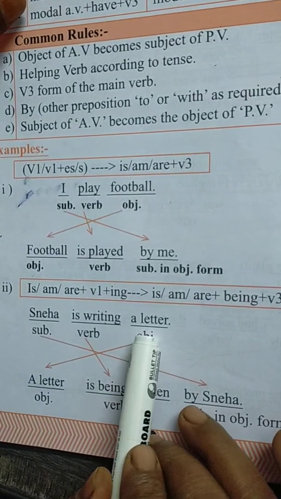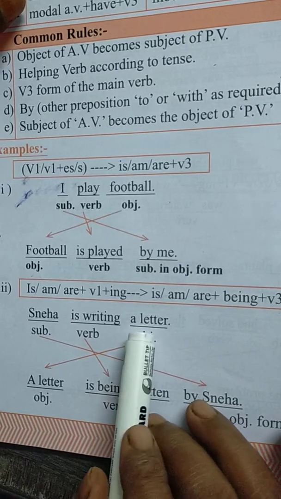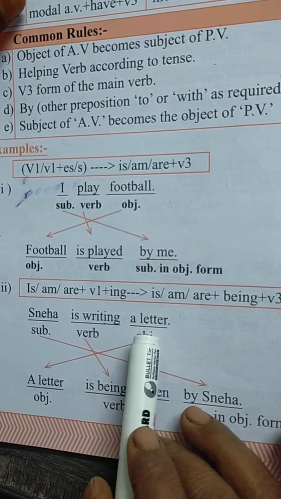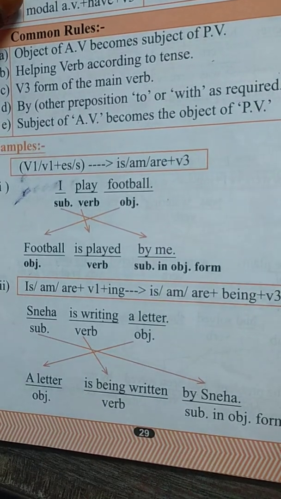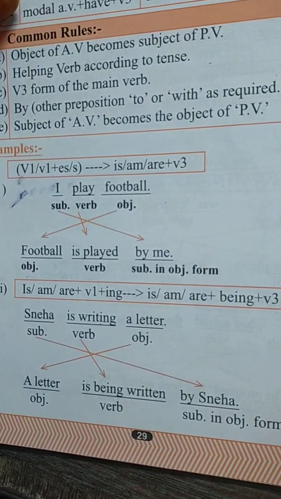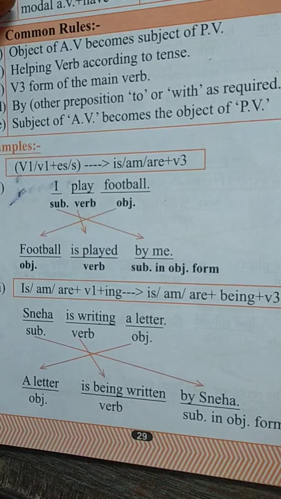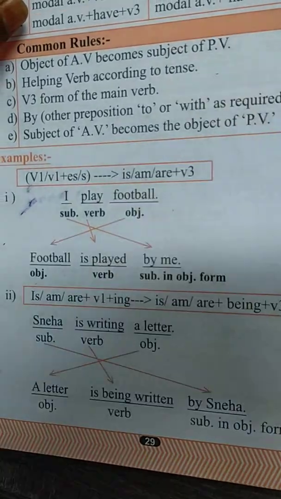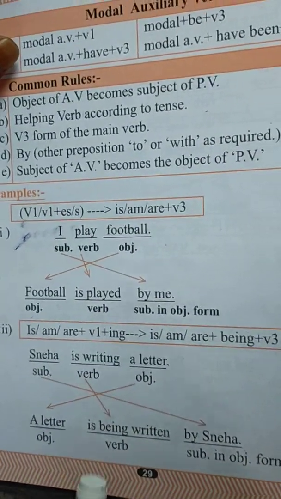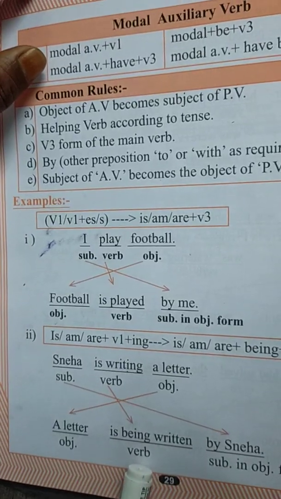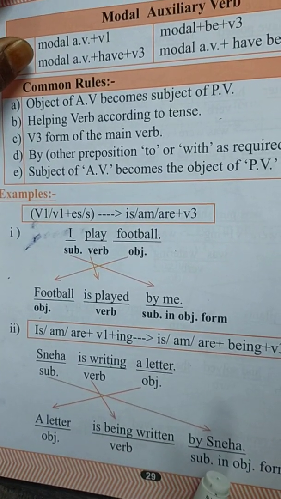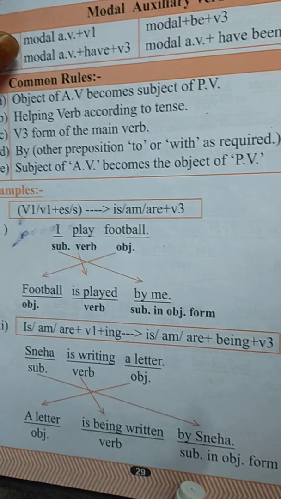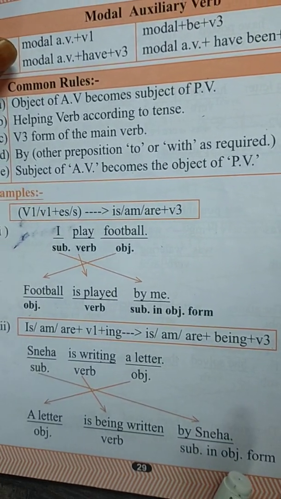Always remember that in passive voice the object will be written first. Then the verb will be written. Then the last one will be the subject, so subject in object form.